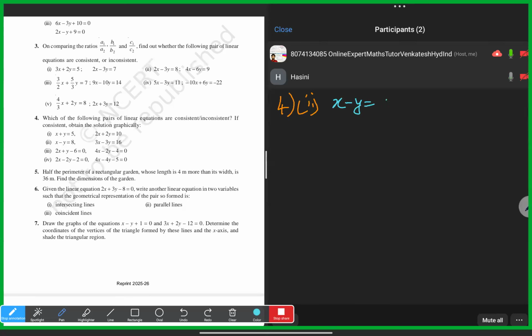The second part: the first equation is x minus y is equal to 8. The second equation is 3x minus 3y is equal to 16. So x minus y minus 8 is equal to 0, and 3x minus 3y minus 16 is equal to 0.